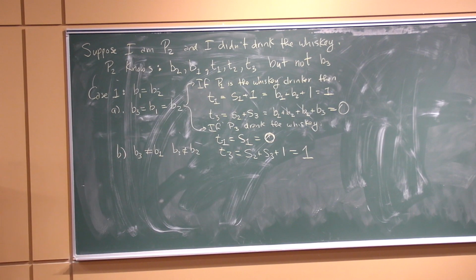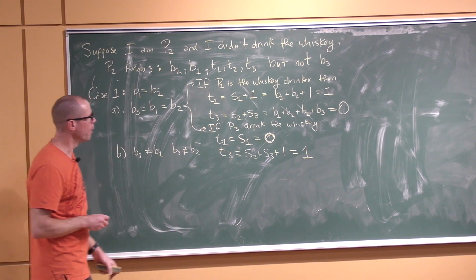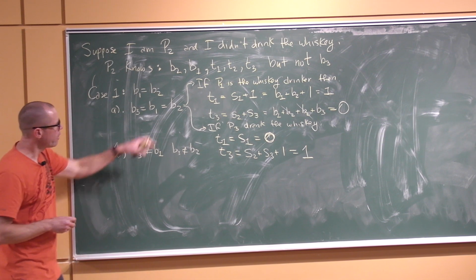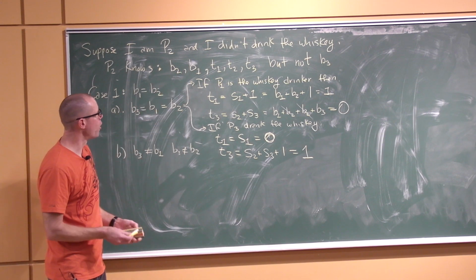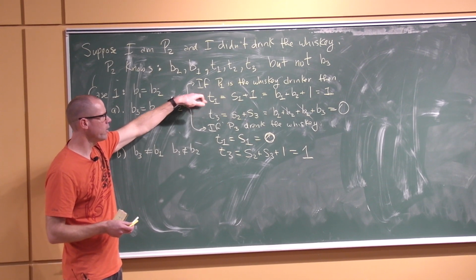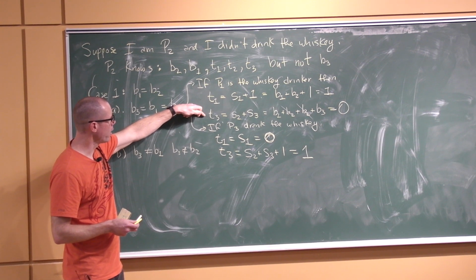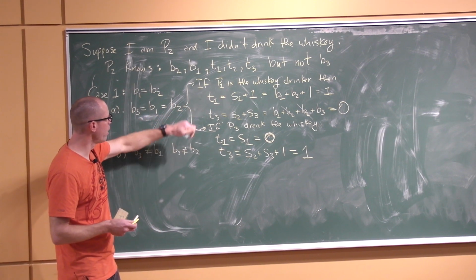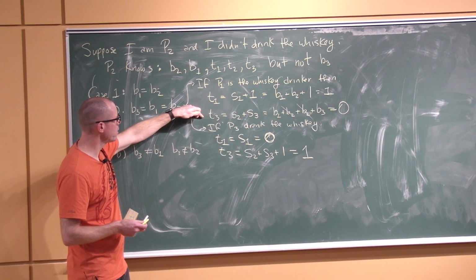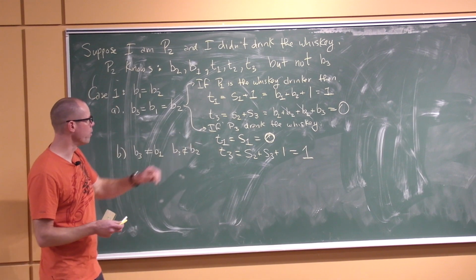Okay. That's just because the 1 moved from up here to down here. So if they're in case 1A, then this is what they will observe. If P1 was the whiskey drinker, T1 announces 1 and T3 announces 0, and otherwise 0 and 1 if P3 was the whiskey drinker.